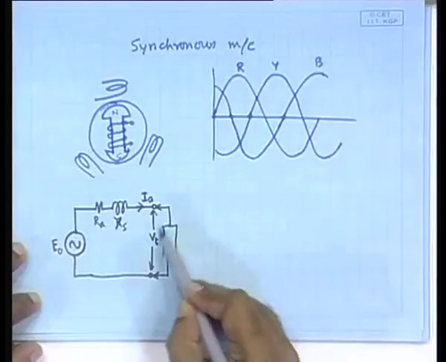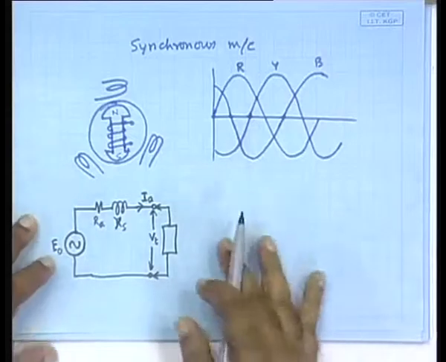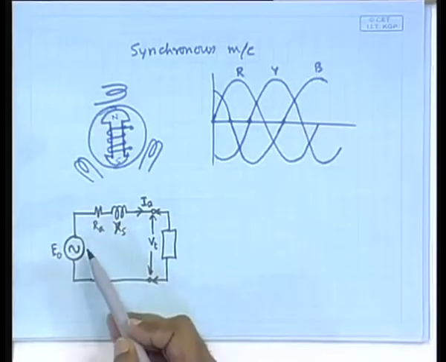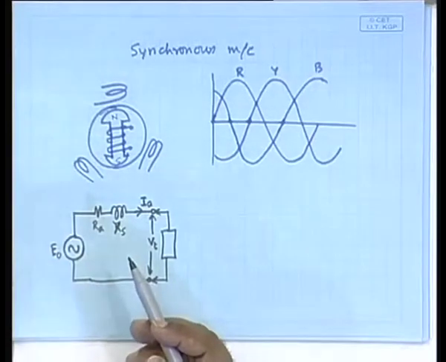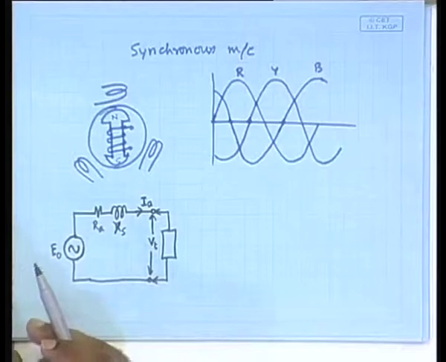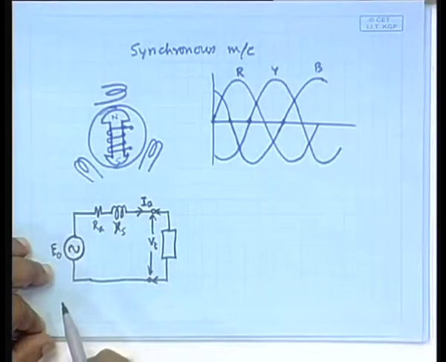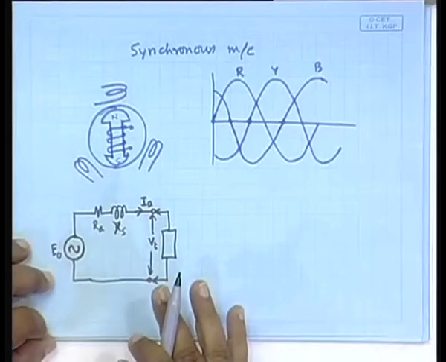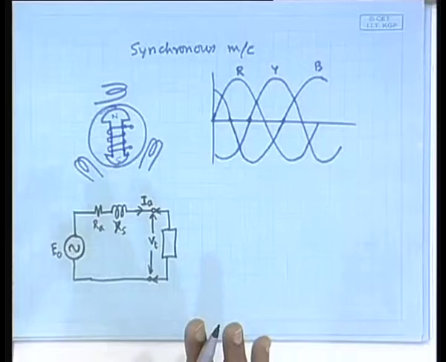So, here also the load, its VAR was changing, its reactive power was changing, and simply the synchronous machine is able to supply the varying amount of reactive power just by varying the field, by varying the excitation. That is the strength of the synchronous machine, something that is not available for the induction machine, because induction machine cannot generate the reactive power. That is one major difference.